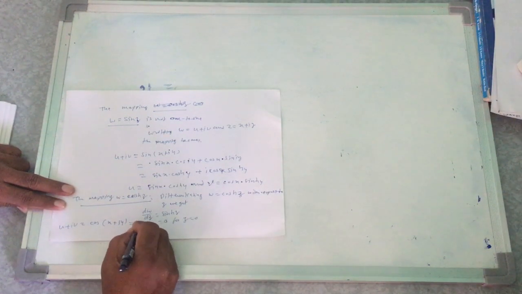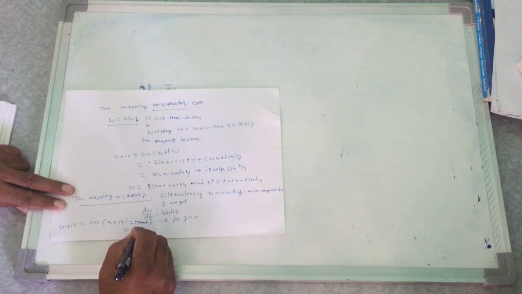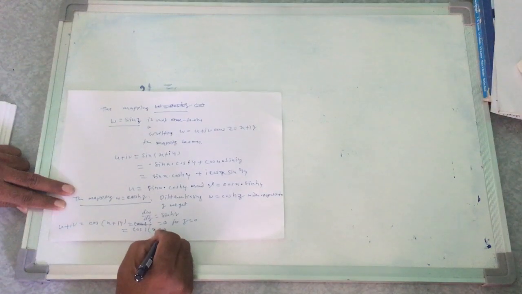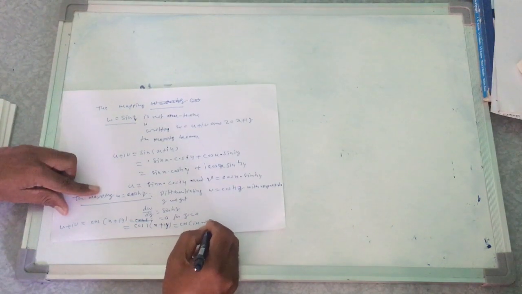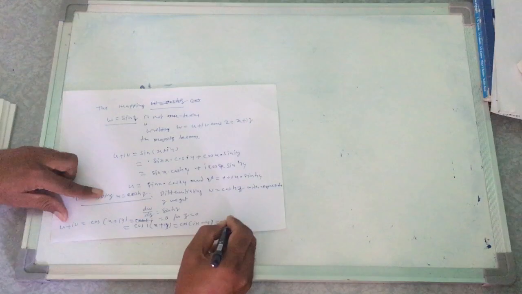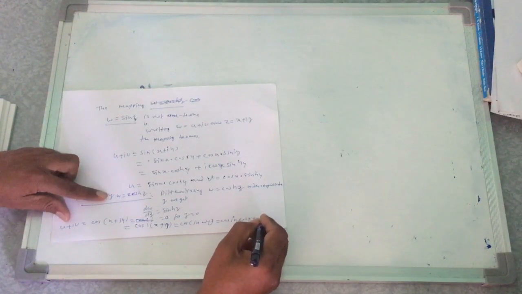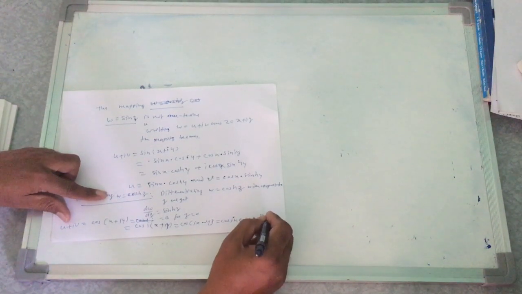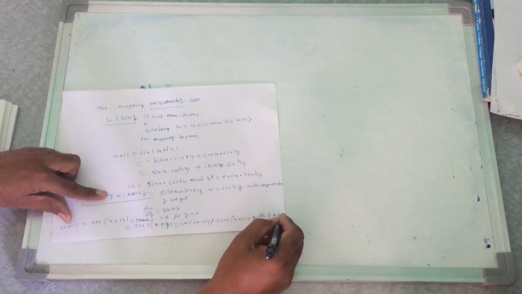It can be expanded as cos(i(x + iy)), which can be written as cos(ix - y), that is cos ix cos y + sin ix sin y.